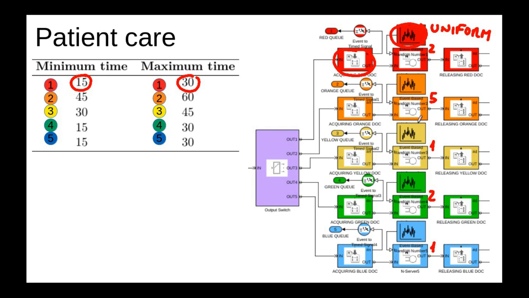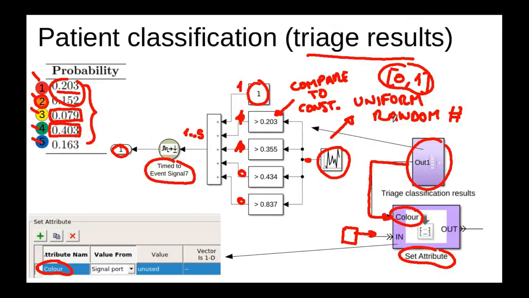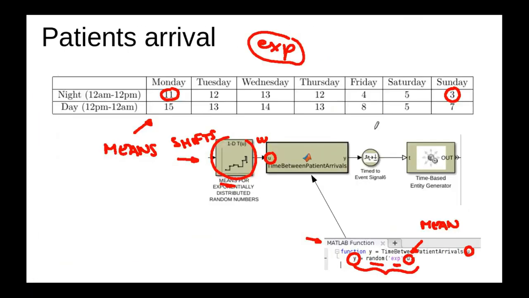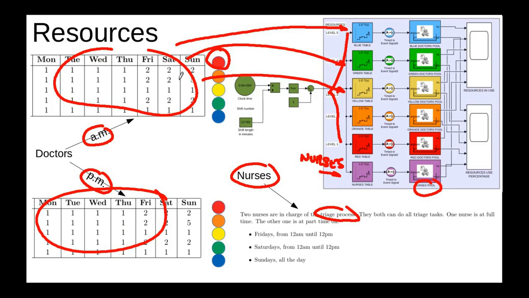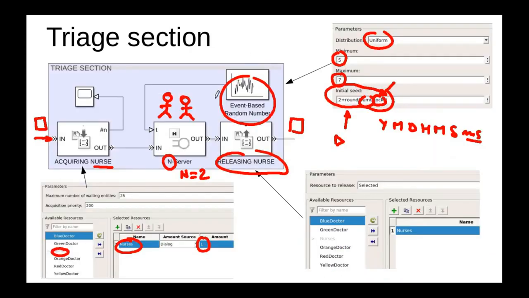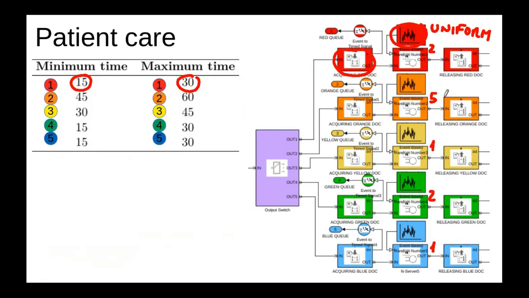For the orange ones, if we go back here, remember the orange ones here and here, we have a maximum of 5 doctors. So that's the reason why here we have a maximum of n servers, being n equal to 5.